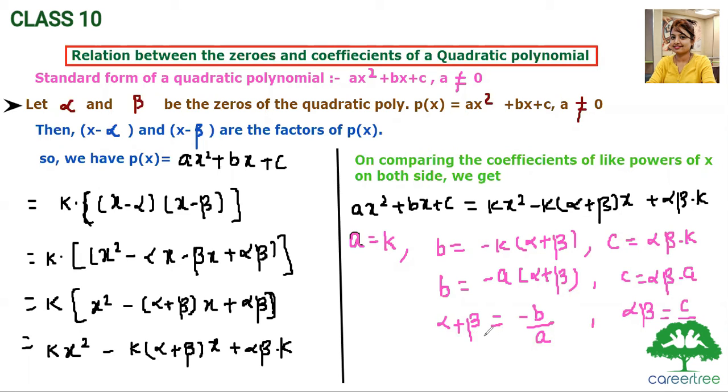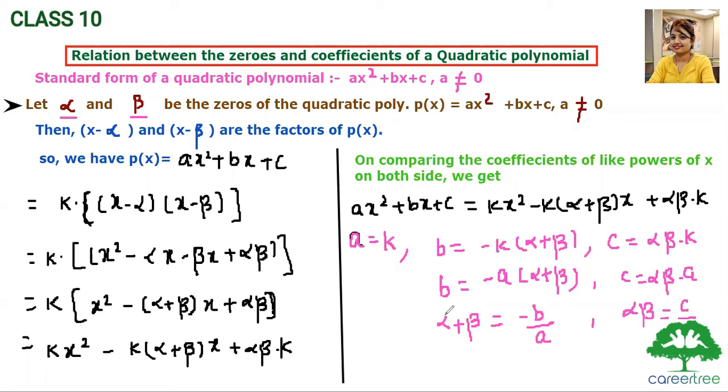So what we have got now: alpha plus beta equals minus b by a and alpha into beta equals c by a. Now what were this alpha and beta? They were the roots of the equation which we supposed. So we can say that the sum of the zeros of a quadratic polynomial will be equal to minus b by a. Minus b represents the coefficient of x and a represents the coefficient of x squared. c represents the constant term and a represents the coefficient of x squared, right?